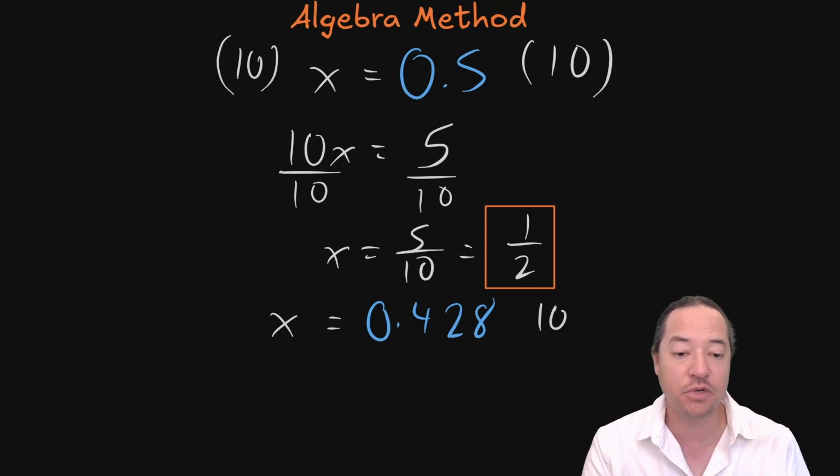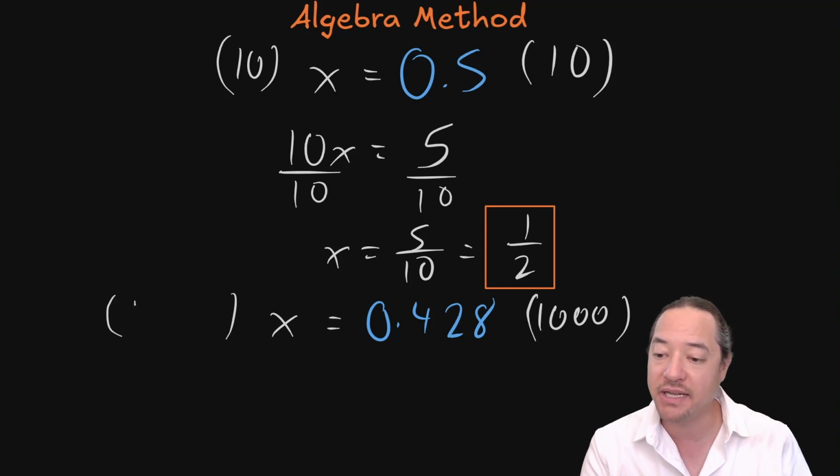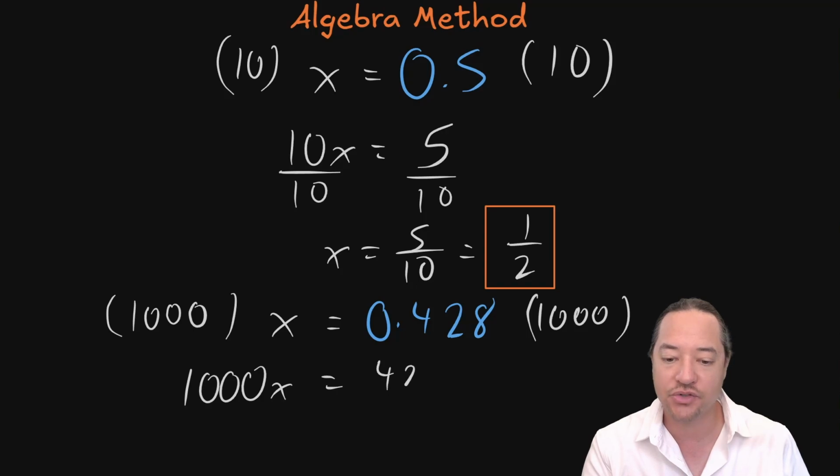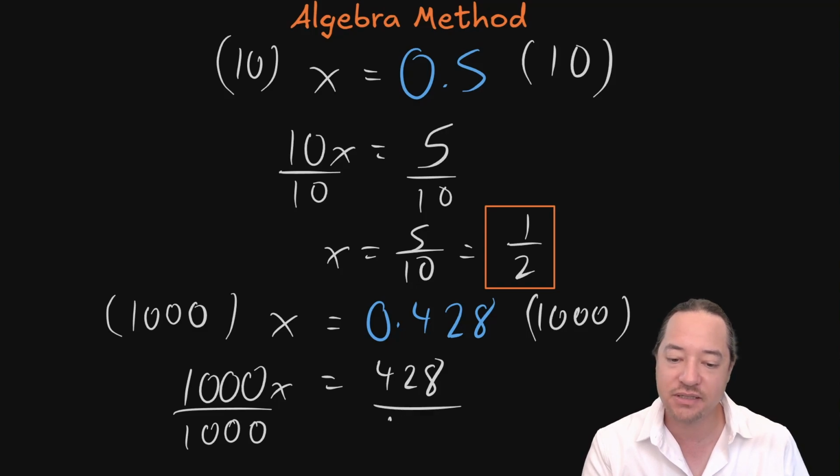And I have to do that to both sides in order to maintain the equality of this equation here. And that's going to tell me that I'm going to have 1,000x is equal to 428. And if I solve for x, divide both sides by 1,000, this side cancels out, and I'm going to see that now x is equal to 428 over 1,000.